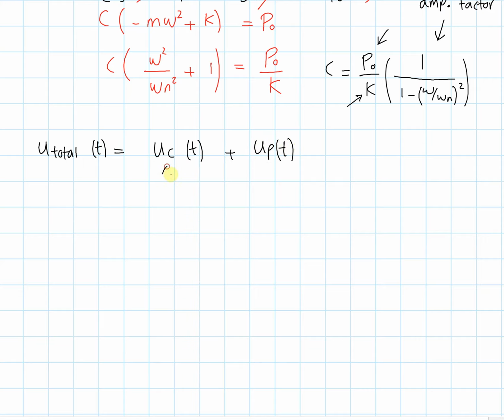In some books, the complementary term is referred to as the transient phase, and there's good reasons for that, because this term is transient, it passes away. And then we have the steady state solution. That's another way of referring to particular solutions.